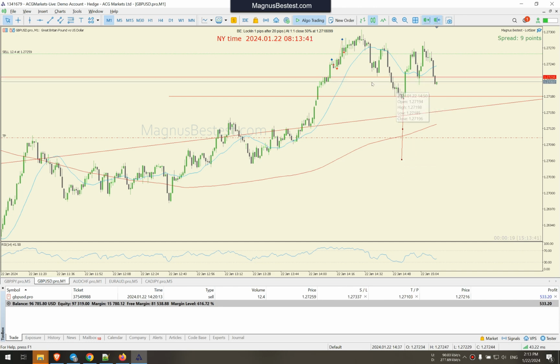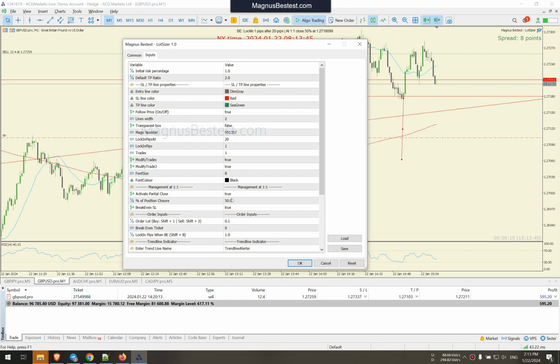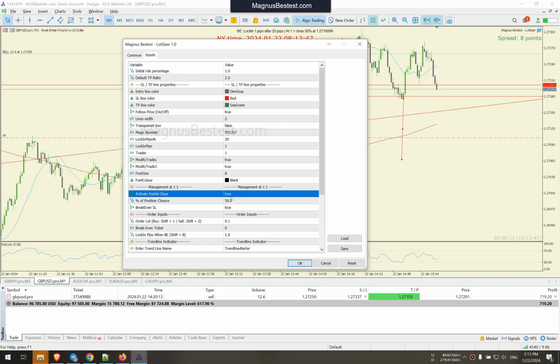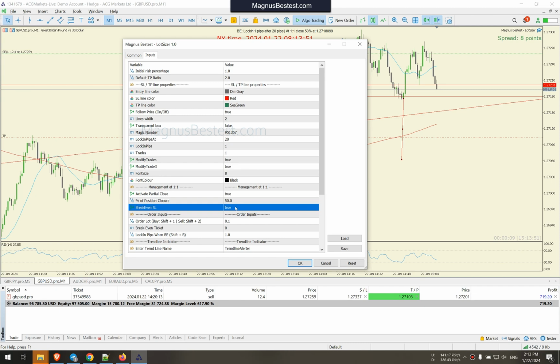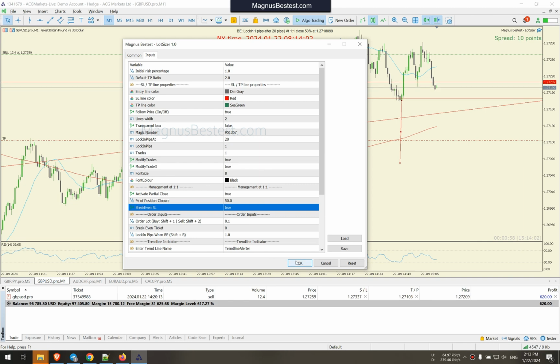So 50% will be taken off automatically because of this setting and because we have it set up as true. And break-even stop loss will be also moved. So the stop loss will be moved to break even because we have true setup over here. Okay.